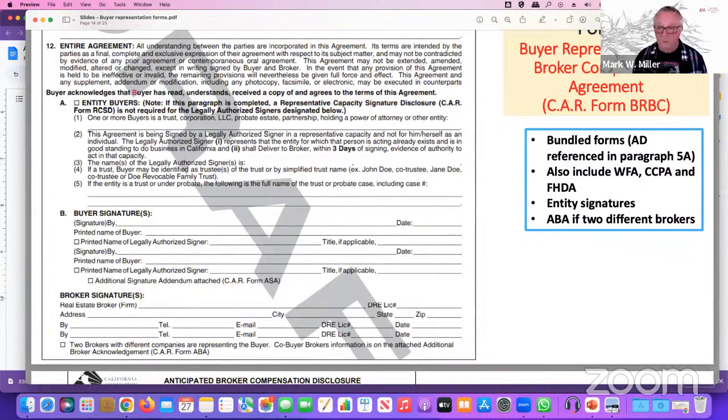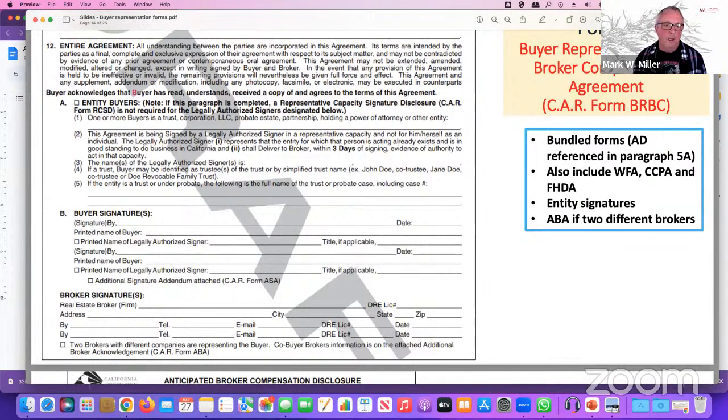So in this section, if you were working with a buyer that was an entity representative, you would complete the checkbox in 3A that says entity buyers. And then in A1, one or more buyers is a trust, corporation, LLC, probate, estate, partnership, holding a power of attorney, or other entity. And you would name that entity there, ABC Trust.